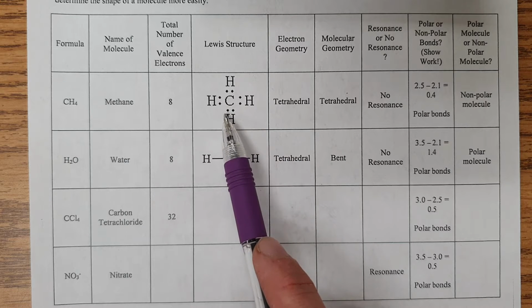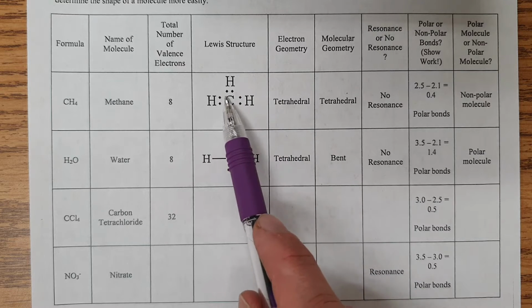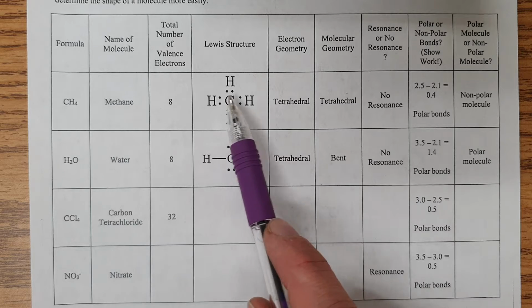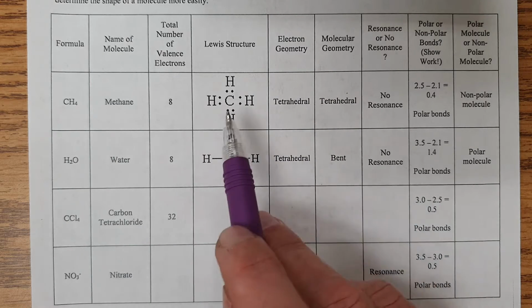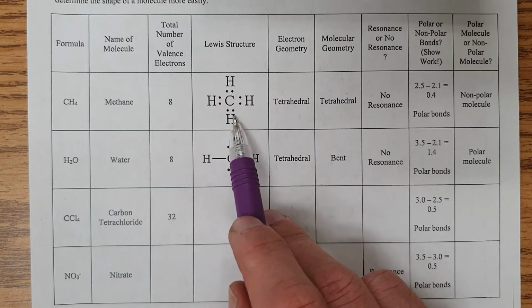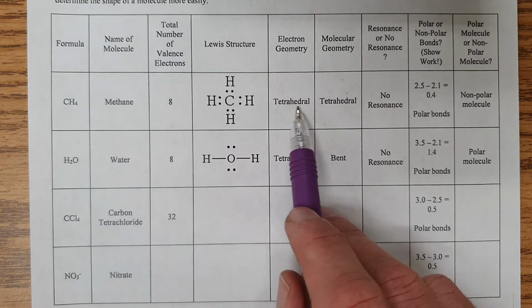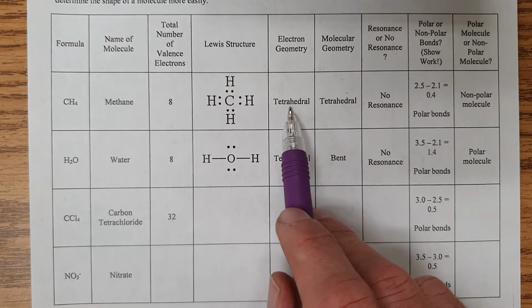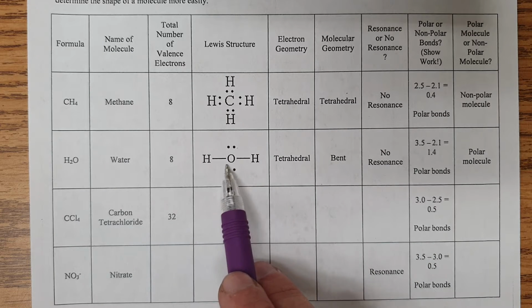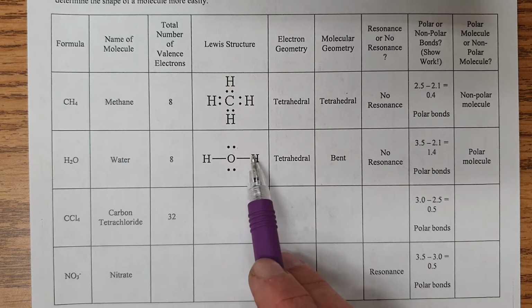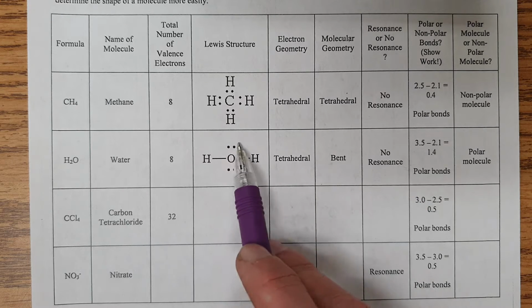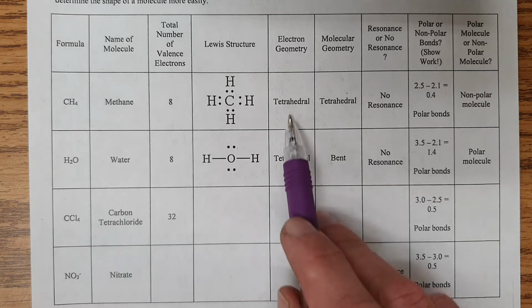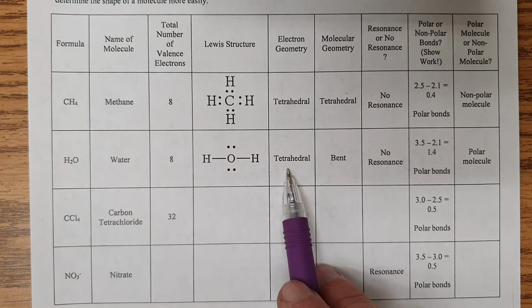There are 1, 2, 3, 4 sets of electrons coming off the central atom. Geometry is based around the central atom, so the only possible shape for 4 things around the central atom is tetrahedral. That's why electron geometry is tetrahedral. This also has 4 sets of things off the central atom, and the only possible shape for that is tetrahedral. That's why these have the same electron geometry.